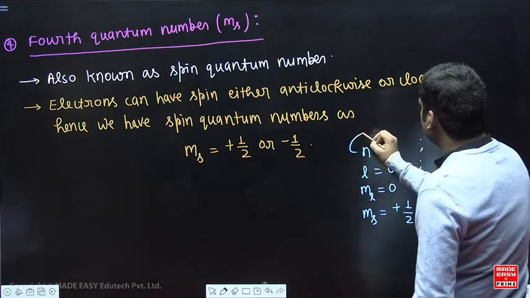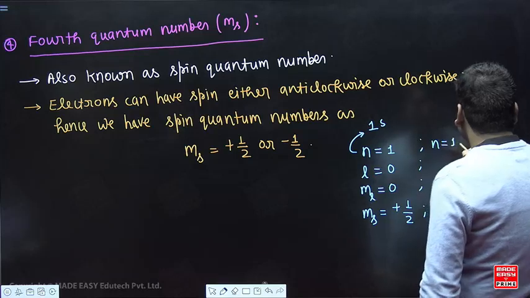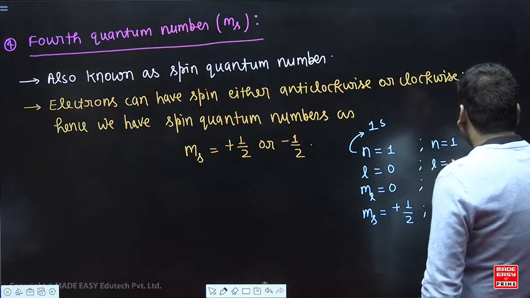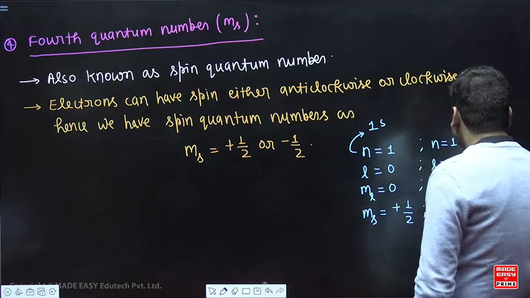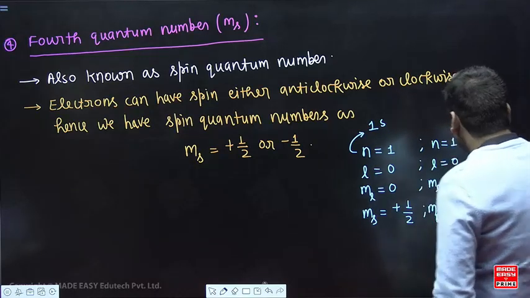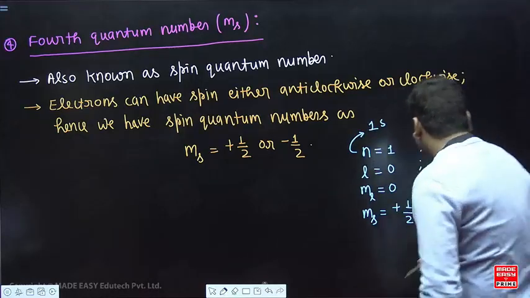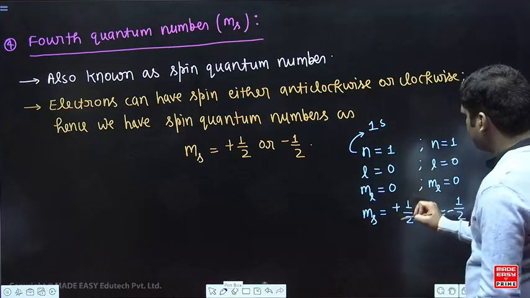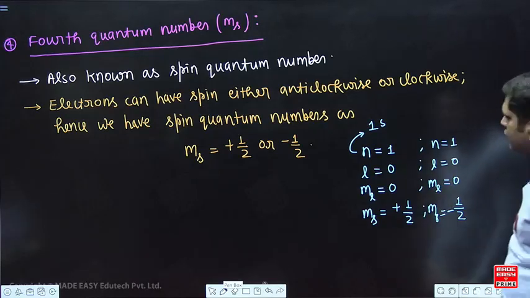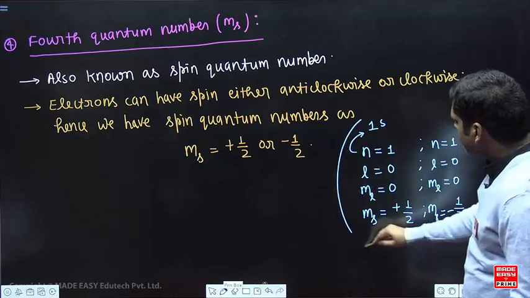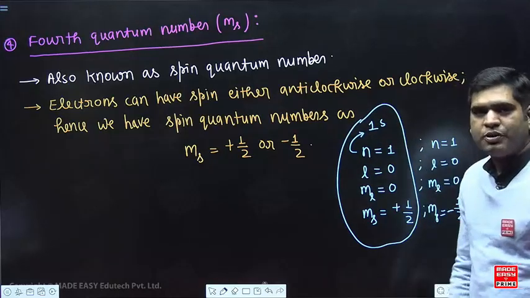N is equal to 1 is denoting what? 1s. So in the 1s we can have 2 electrons, and for them the quantum numbers are like this. Now you see, both of them are having different set of quantum number. For the first one you have 100 and plus half, and for the second one you have 100 minus half. So if you want to know about the first electron, then use these quantum numbers as the boundary condition to solve the Schrodinger wave equation.